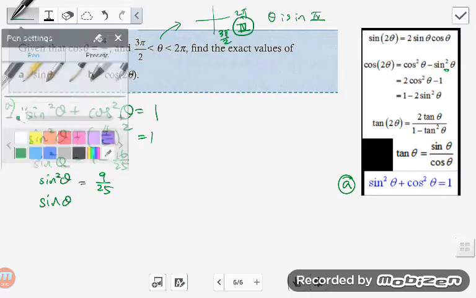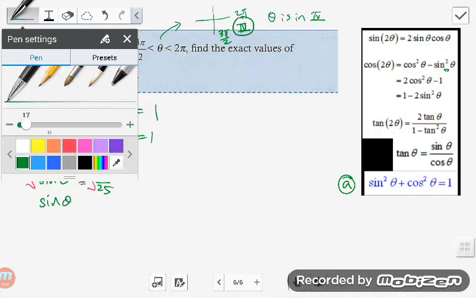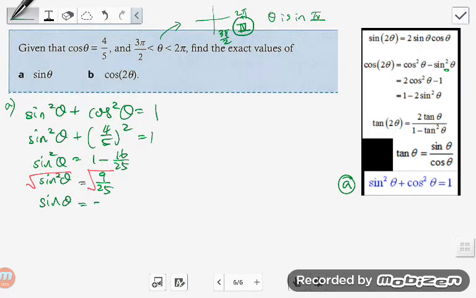I'm going to write in red. Square root. So when we do that, we need to be careful. We must have the plus minus 3 over 5, right? So my sine theta is equal to plus minus 3 over 5. So let me just write this better. It will be 3 over 5 or negative 3 over 5.